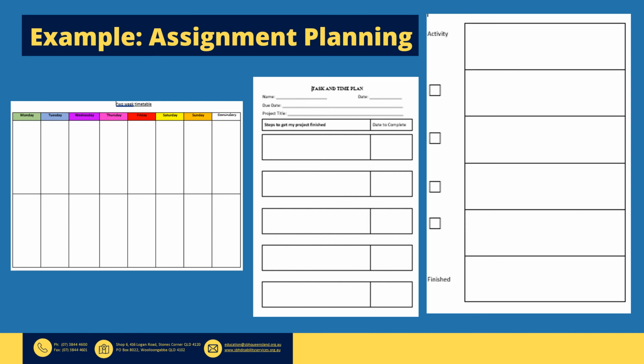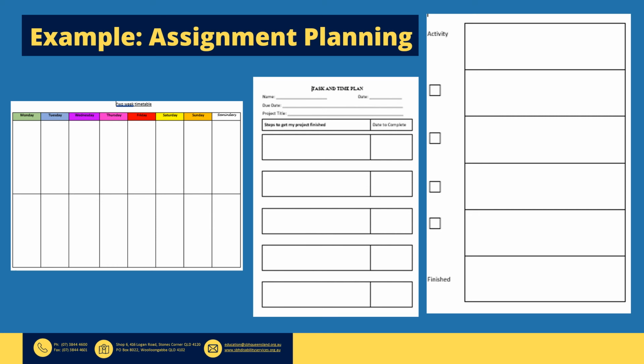Another example would be assignment planning. The templates needed would be a task, time, and plan template, giving them little tick sheets or a place to write a date and when explicitly it is due. Another would be a tick sheet saying, yes, you've done it, as well as a two-week timetable where they can spread the work across two weeks, or the time span they're meant to be doing it in, in achievable chunks.